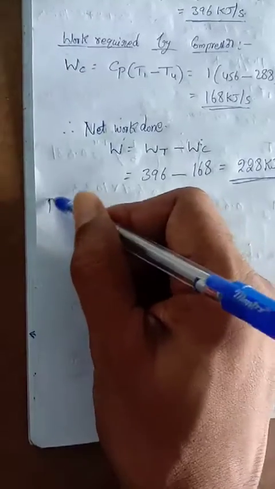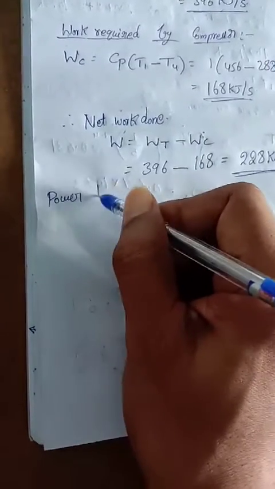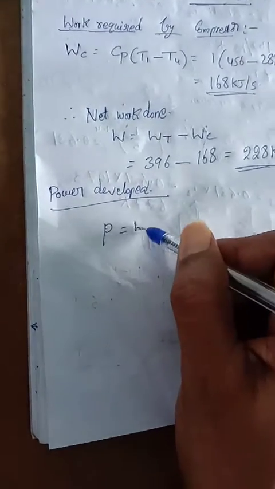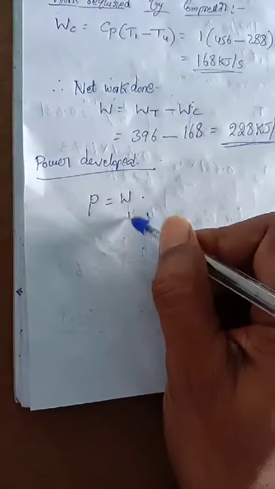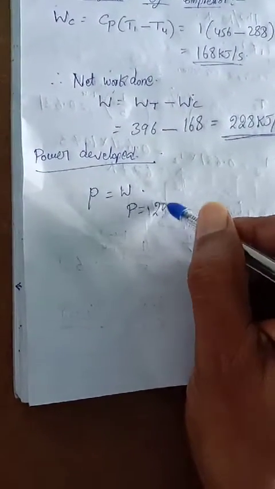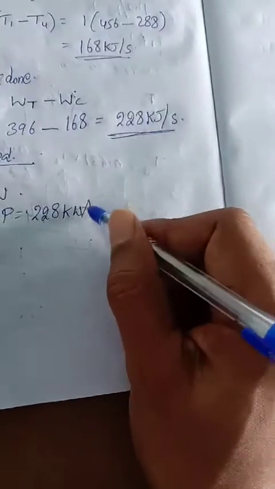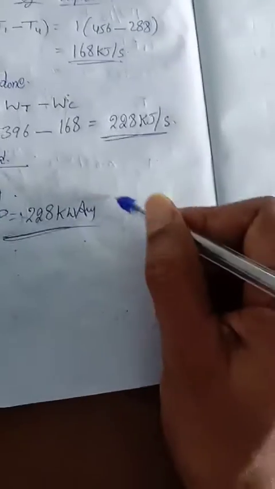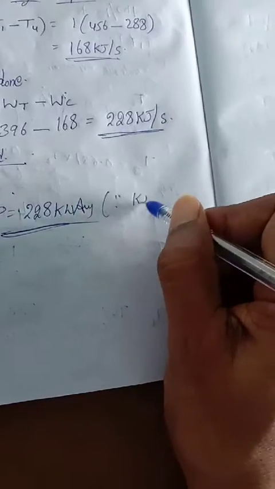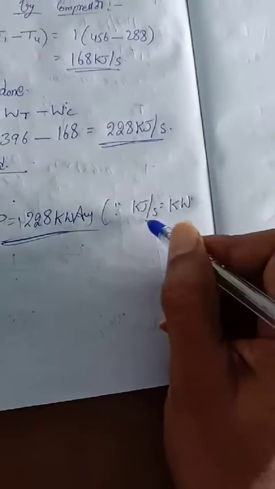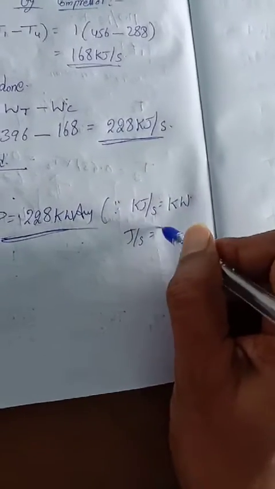Now we are going to see the power developed. Power developed is equal to work done, so P is equal to 228 kilowatts. This is the final answer. Kilojoules per second is equal to kilowatts, that means joules per second is equal to watt.